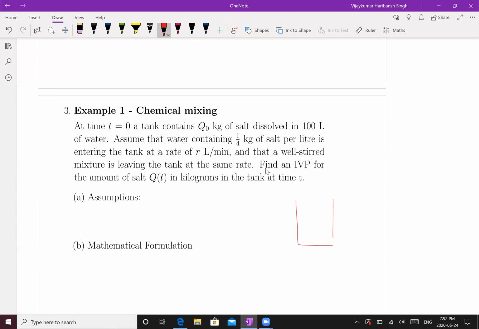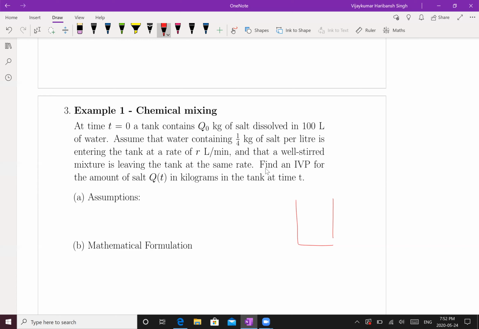Now assume that the water containing one fourth kilo of salt per liter is entering the tank at the rate of R liters per minute, and it's well stirred, and the mixture is leaving the tank at the same rate. So find the initial value problem for the amount of salt Q(t) in kilograms present in the tank at time t.